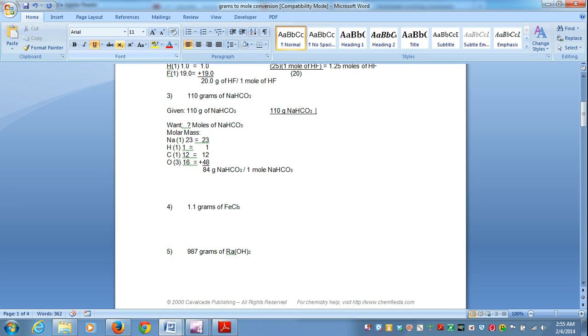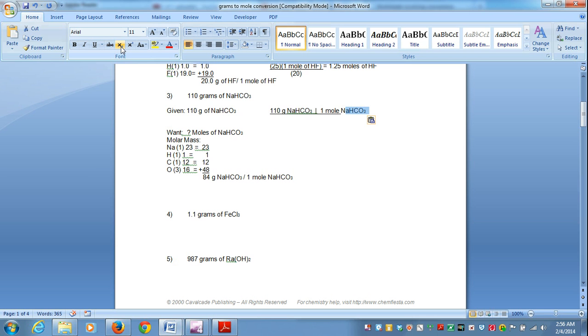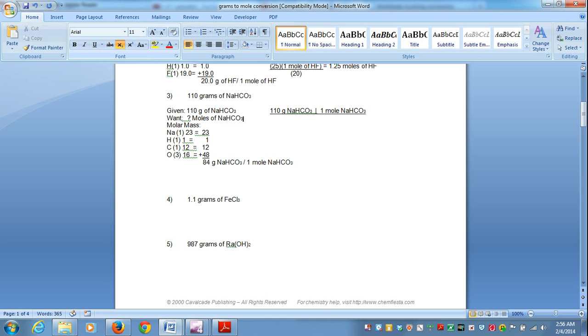What we want, we're going to put on the right, next to the grams, which is 1 mole of sodium bicarbonate. And all of that will be divided by our molar mass, which is 84 grams of sodium bicarbonate.